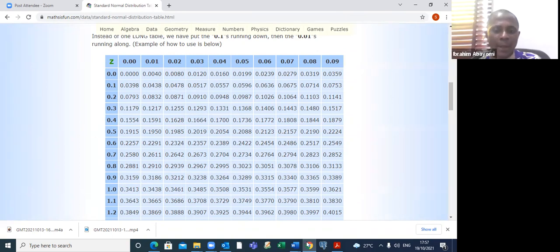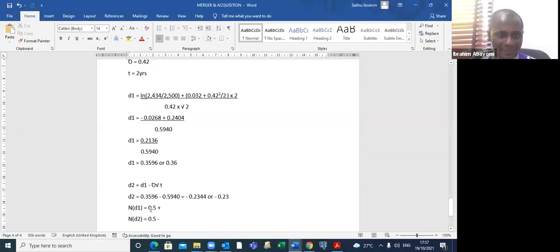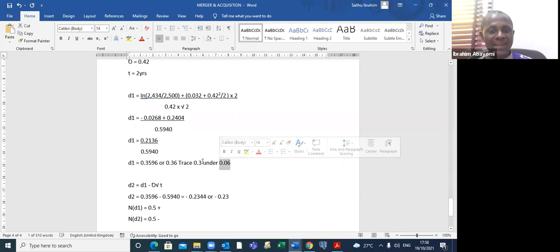Now, what I will do when I want to calculate ND1 is that after putting plus here, I will go to my normal distribution table. I will trace 0.3 under 0.06, such that when you add the two together, it will give you 0.36.